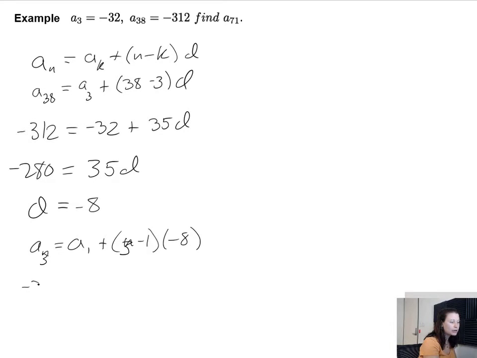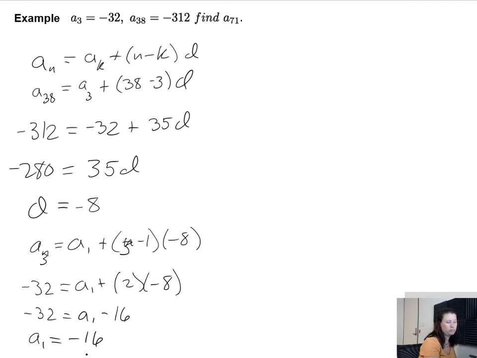So a3, negative 32, is equal to a1 plus 3 minus 1, which is 2, times negative 8. So negative 32 is equal to a1 minus 16. Add the 16, so a1 is equal to negative 16.